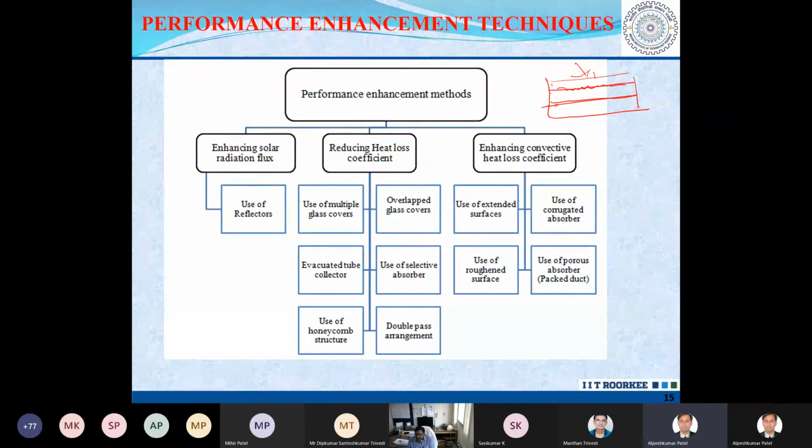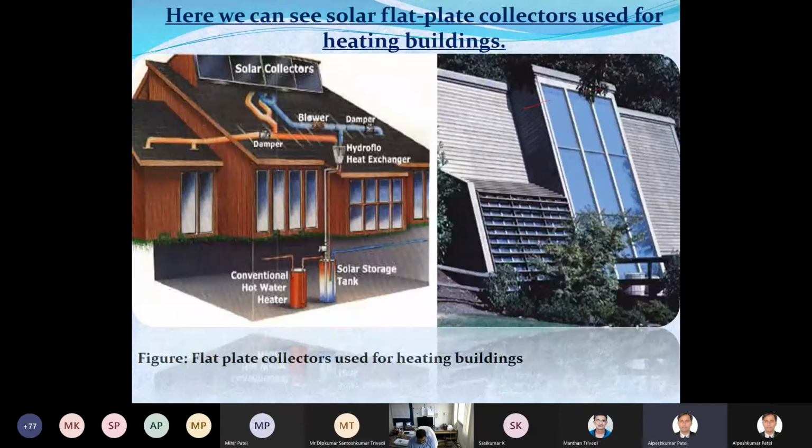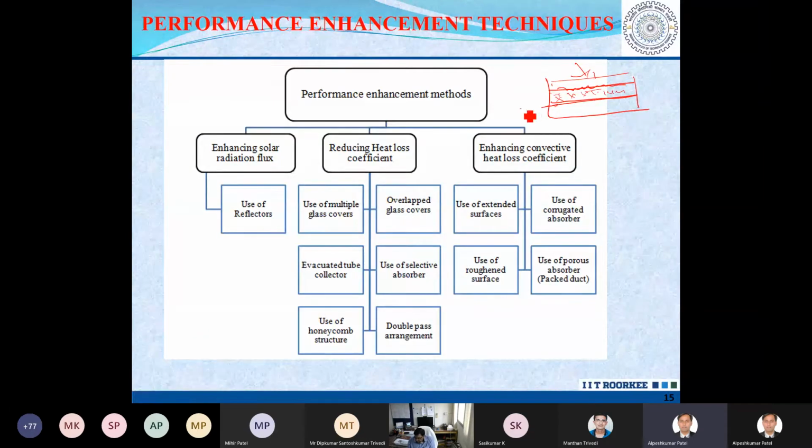And sometimes people have studied that if this system is porous, that means put some material, and there is an air gap between that, and if we allow the fluid through this, up to a certain extent we can enhance the thermal efficiency. Of course, we have to spend extra pumping power. So there is always debate in that, whether in some cases the porous type solar air heaters are more efficient based on the requirement also. So that efficiency you can compare.